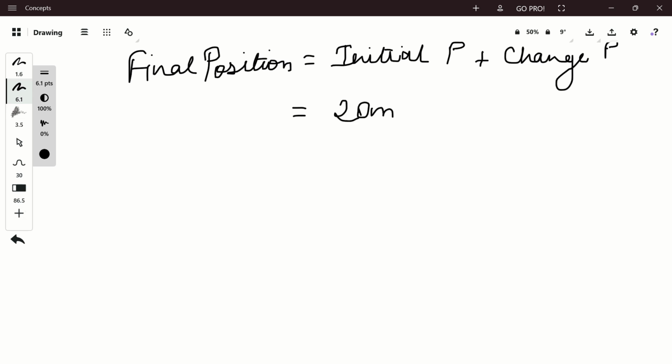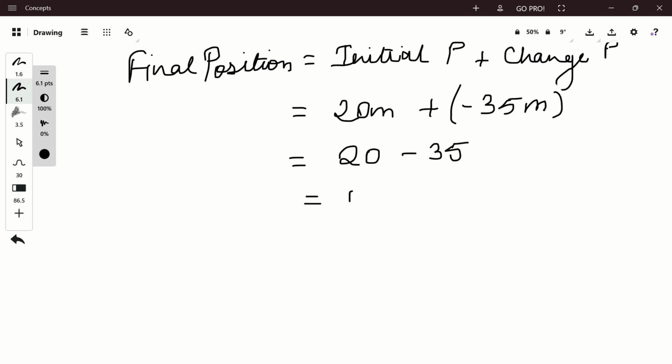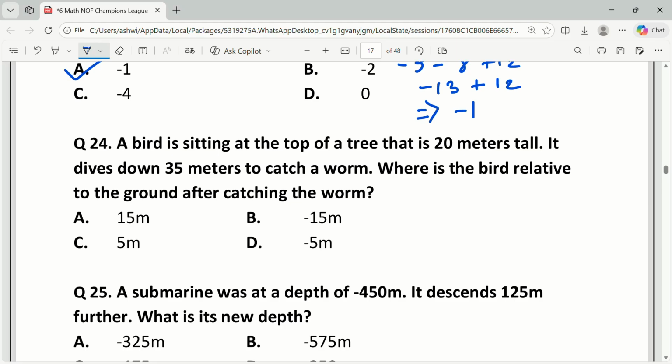That is 20 meters plus minus 35 meters. That is 20 minus 35. That is equal to minus 15 meters. Comparing with the options, the answer is B, minus 15.